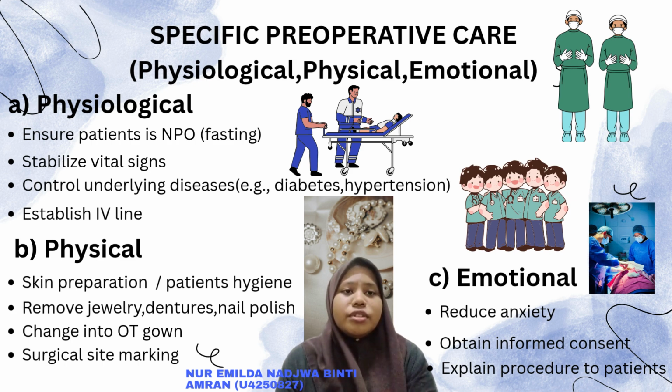Physical preparation focuses on maintaining hygiene through skin preparation, removing jewelry and prostheses, changing into an operating theatre gown, and marking the correct surgical site. Emotional care is equally important and involves reducing patient anxiety, explaining the procedure clearly, and obtaining informed consent.